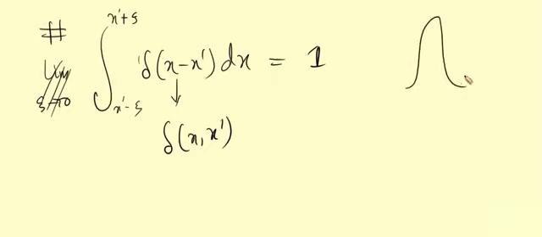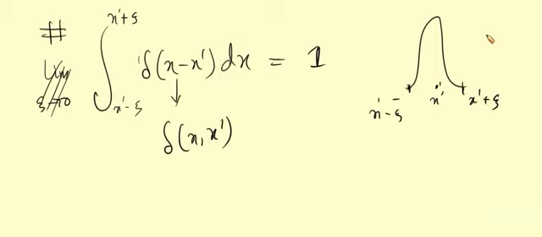So if you have a delta function like this, this is your x prime, this is x prime minus epsilon, and this is x prime plus epsilon. And now you might ask me, okay, why am I bothering with this delta function?